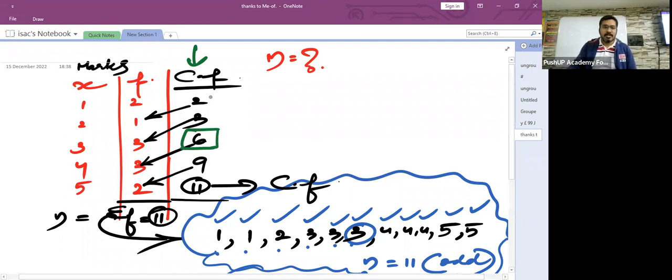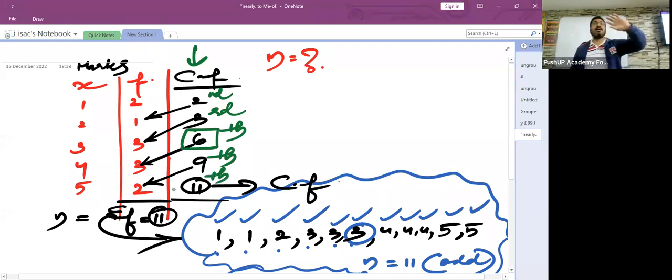Understood? Children, when I write 2, 3, 6, 9, 11, you know what it is? In fact, it is the 2nd term, 3rd term, 6th term, 9th term, and 11th term. This is how you are actually supposed to read it out, but nobody does that.